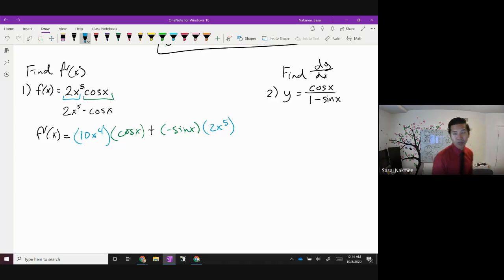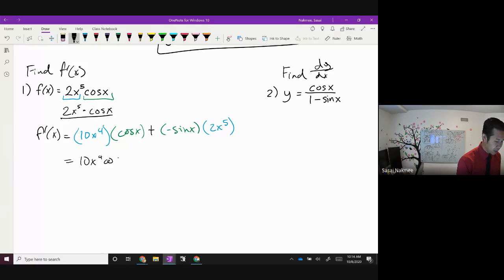That is the derivative. Please double check and make sure you understand that that is the product rule being applied. And you end up here with 10x to the 4th cosine of x minus 2x to the 5th sine of x.